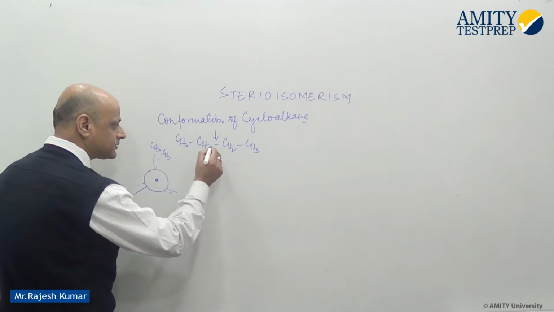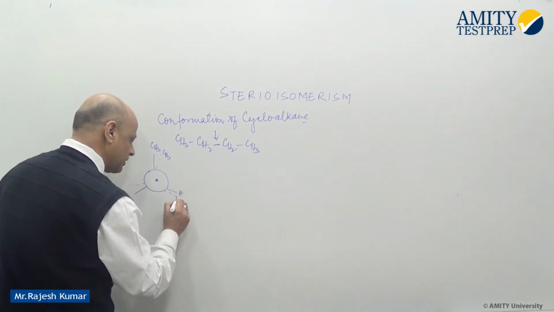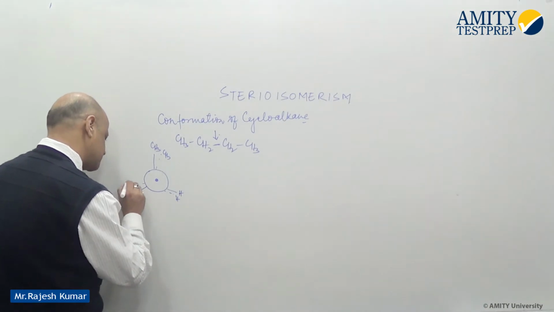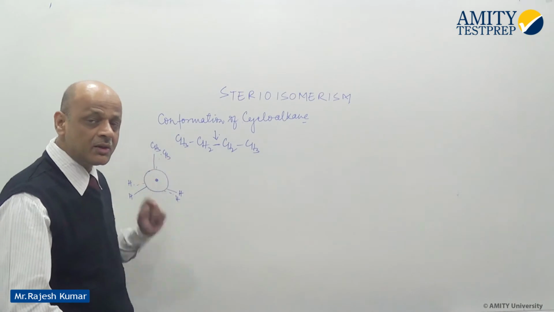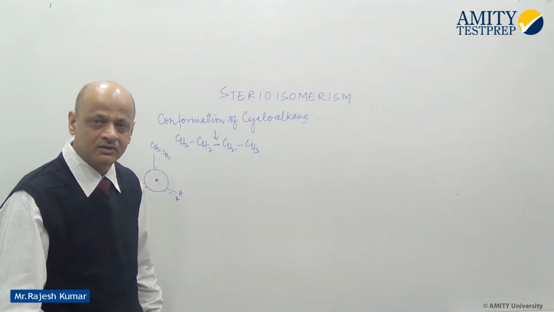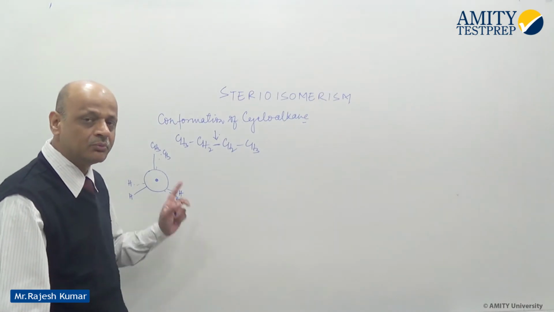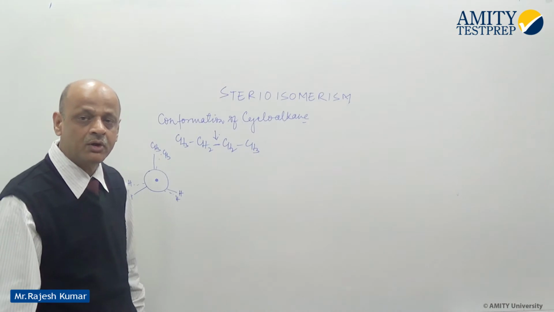Both bulky groups are present side by side, at the nearest approach. Due to this, both bulky groups are near each other. That's why a steric repulsion or strain is possible between the two bulky groups, and there is also a torsional strain between the bonded pairs of electrons.